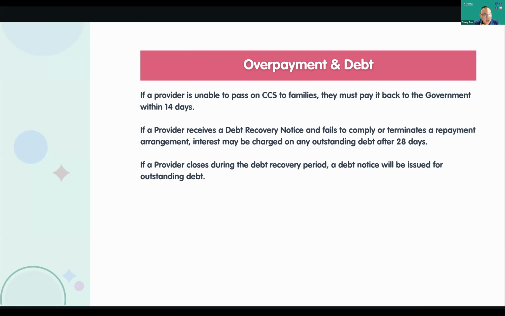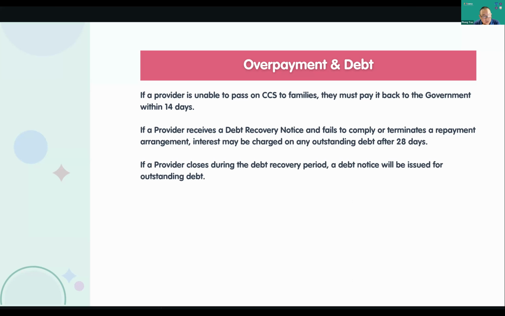Now, if a provider receives a debt recovery notice and fails to comply or terminates a repayment arrangement, interest may be charged on any outstanding debt after 28 days. So the simple takeaway there, guys, is that after 28 days, if the debt's not been repaid, they can start charging you interest.